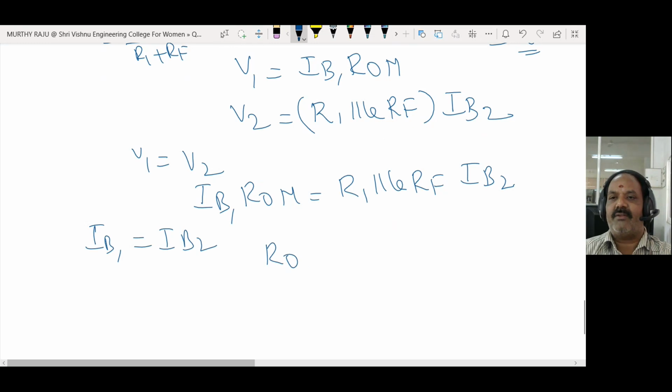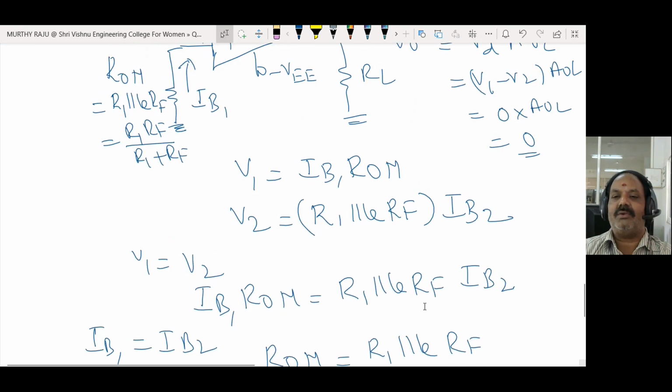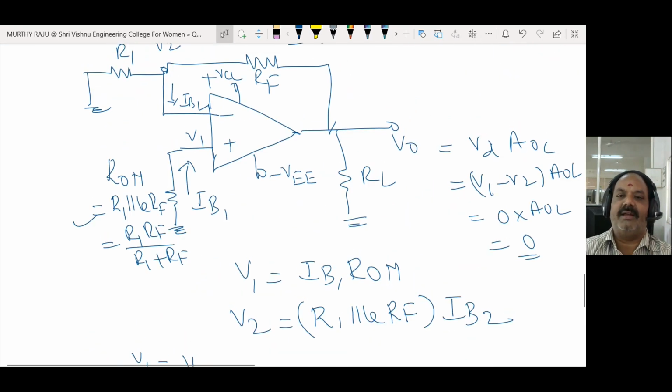Therefore, ROM is equal to R1 parallel with Rf, that is R1 Rf by R1 plus Rf. The compensation resistor value is R1 parallel to Rf. By using this compensation resistance ROM, we bring back that output offset voltage to 0 volts.